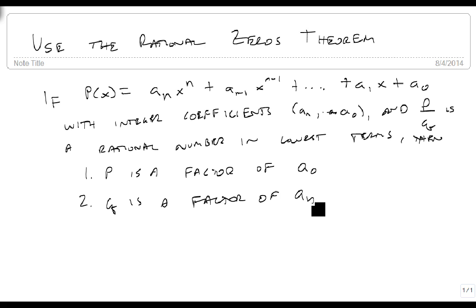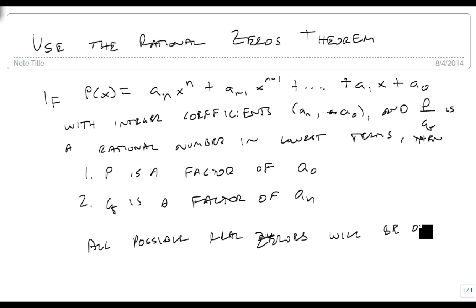And very specifically what this means is that all possible zeros will be of the form p over q.